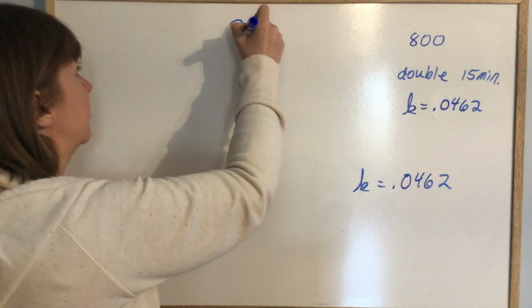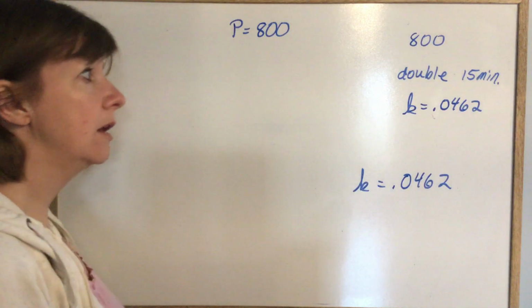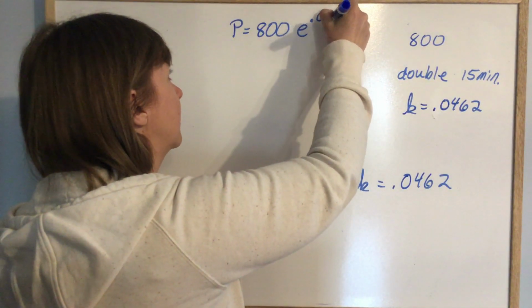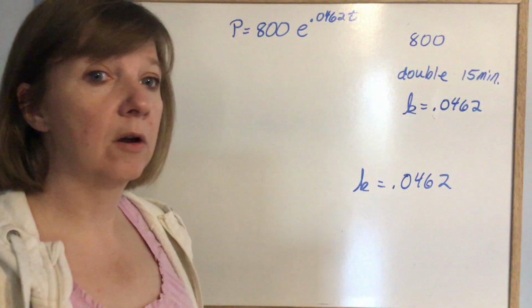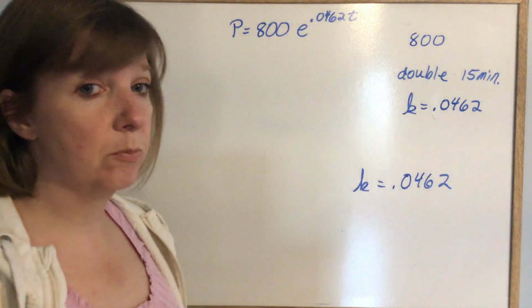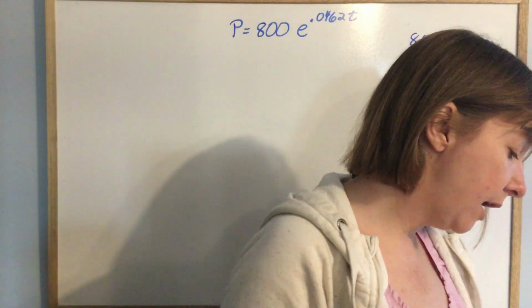The population would be equal to the initial population, which for this is 800, times e to the 0.0462, because that's my k, times however long we observe this for. So there is my generic formula for this specific E. coli bacteria. That's part A.